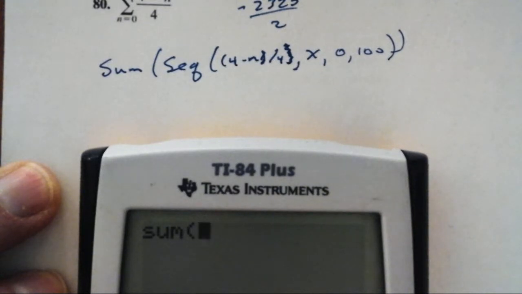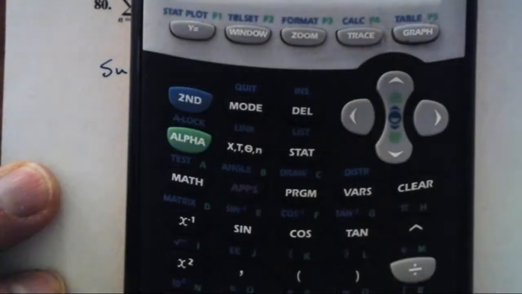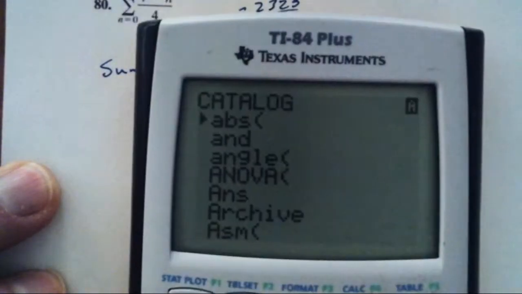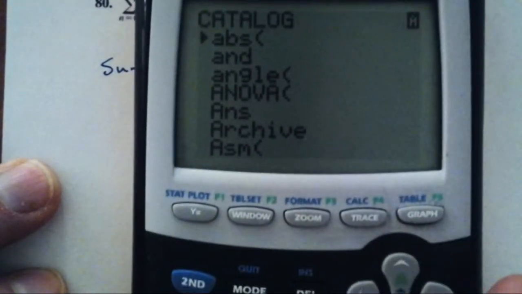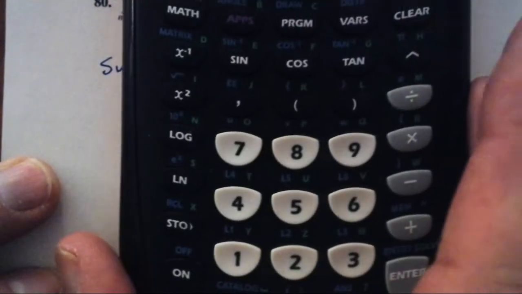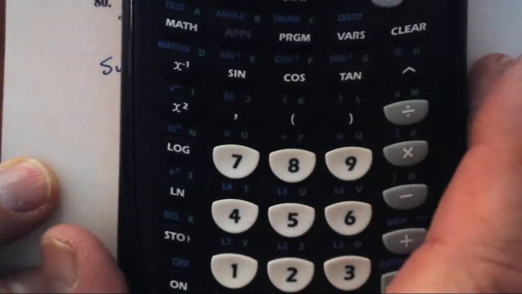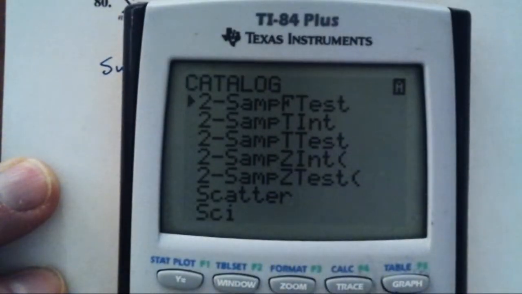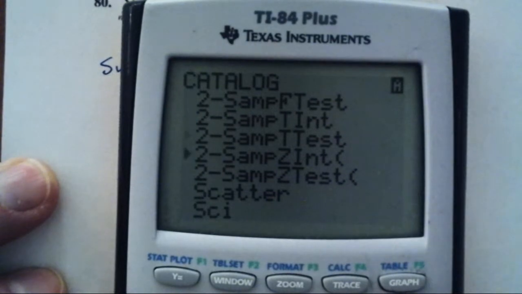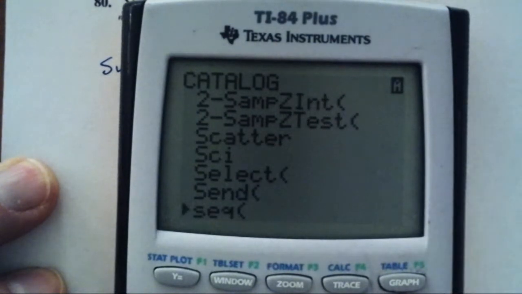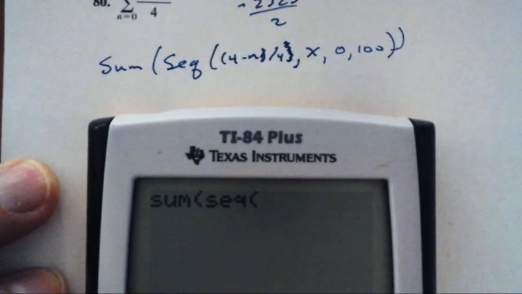Now I want to go to sequence, second catalog. I want to go down to the S's here. So S, no, I'm jumping around a lot here. So S jumps me down into the sample test. I'm going to bump down here. There's sequence.